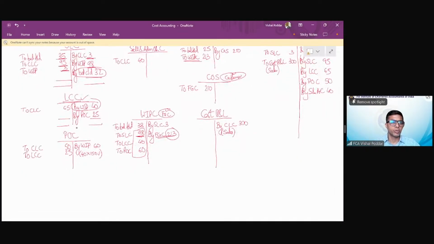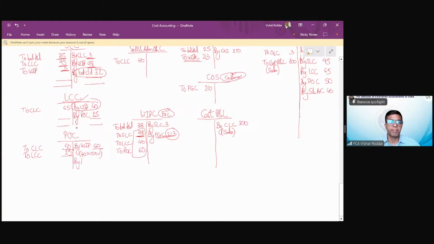Overheads. You will always have a balance here, which represents under or over absorption. And I repeat, generally this under or over absorption will transfer to cost P&L. However, here, since the question has specifically asked me, I will not transfer it to cost P&L. I will be simply carrying it forward because that is a specific requirement of this sum.